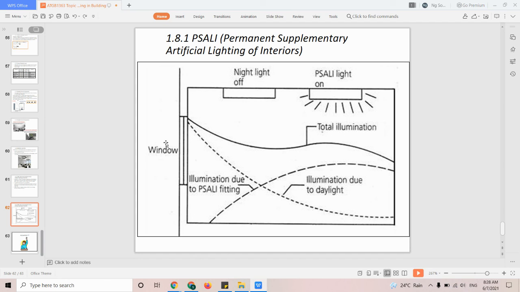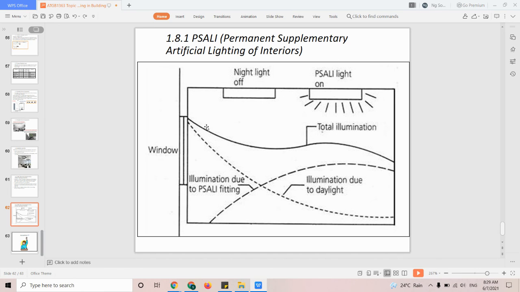So this way, during the day, the area close to the window or near the outside light component, we don't have to switch it on. Whereas at night, when we require more lighting, the total illuminance actually drops, then we will have to switch on this lighting.